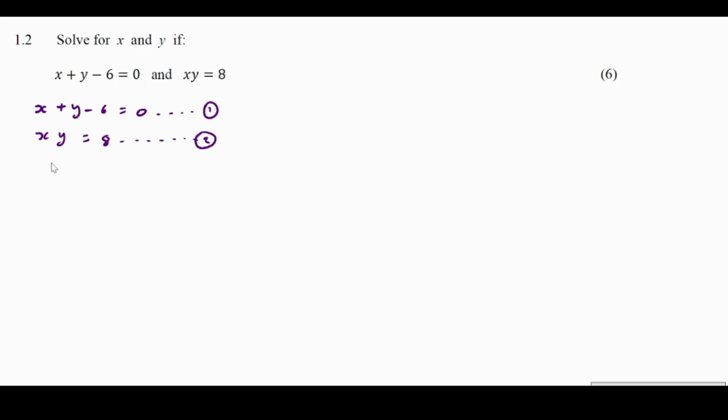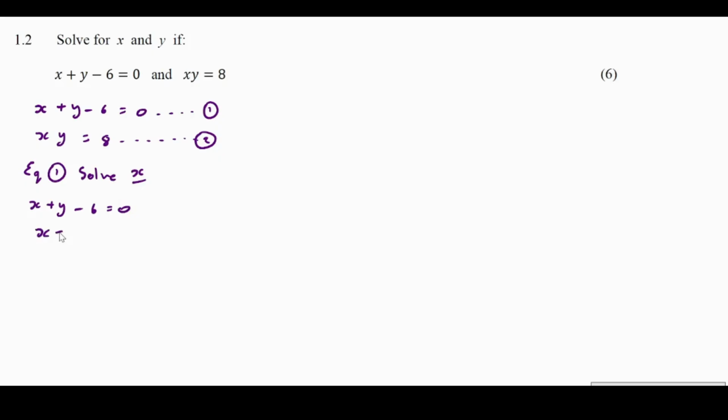Okay. So what I'm going to do, I'm going to say that in equation number 1, I'm going to solve for something. I can decide whether I want to solve for x or for y, any of them rather, whichever is easier. So let's just say that we're going to solve for x. So I'm going to take equation number 1, x plus y minus 6 equal to 0.